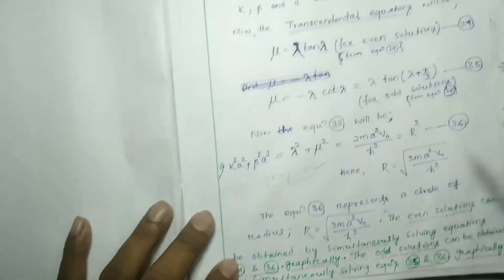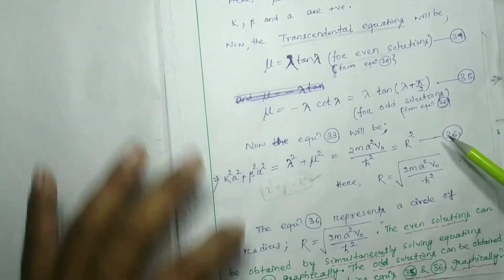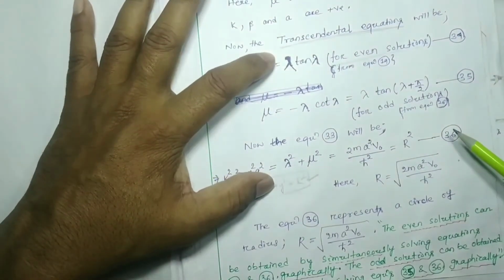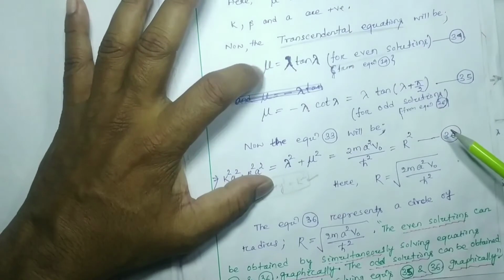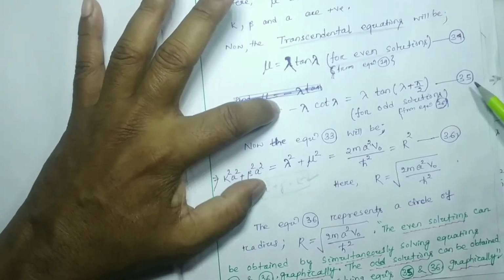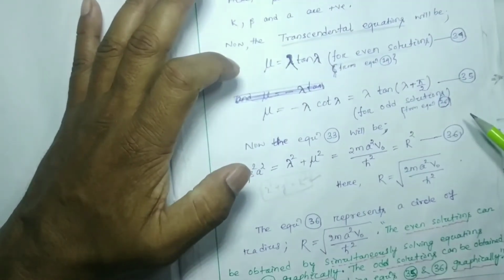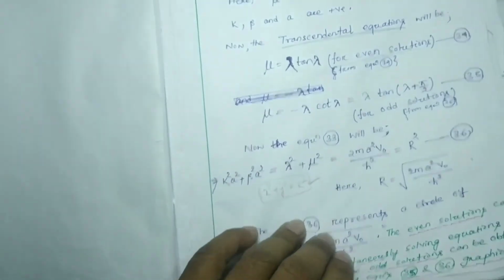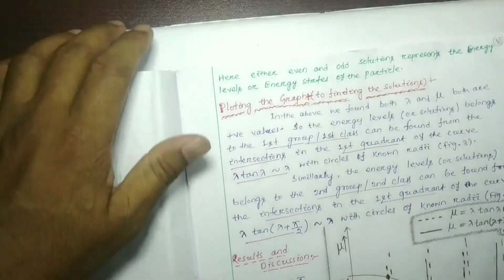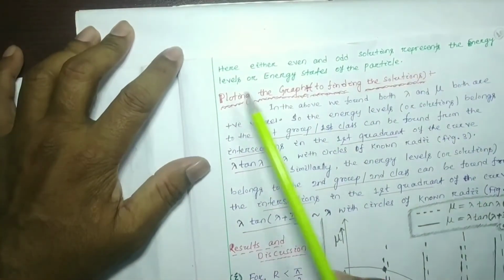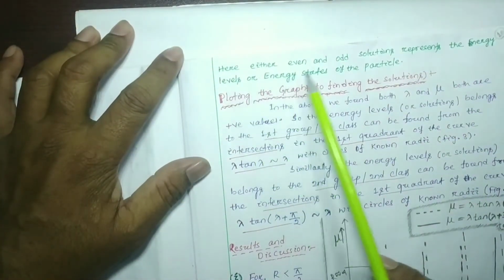That means we discussed that by considering 34 and 36 simultaneously, we can get the even functions, and considering 35 and 36, we can get the odd functions. So obviously both the odd and even solutions represent the energy levels or energy states of the particle.